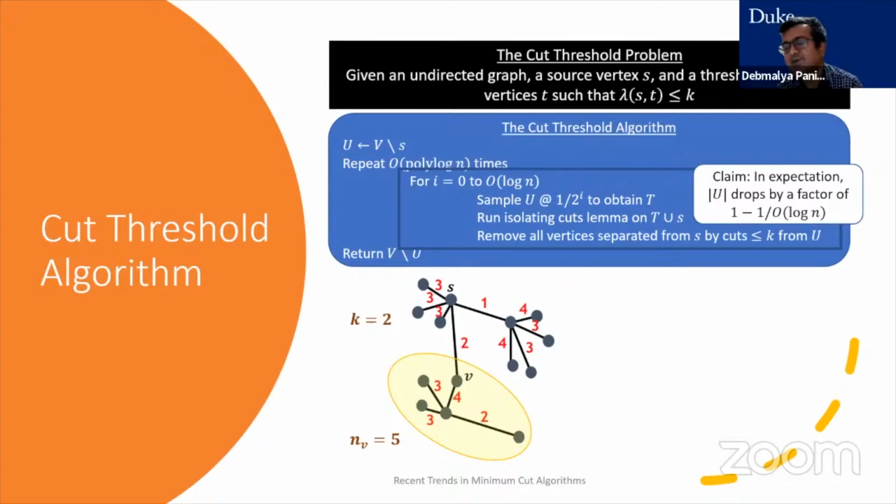In every step, in expectation, I will identify 100 divided by log n vertices. If I am able to do this in expectation, if the number of vertices that are left to identify keeps dropping by a factor of 1 minus 1 over log n, then of course after polylog n rounds, I'll be done. All the vertices would have been revealed at that point.